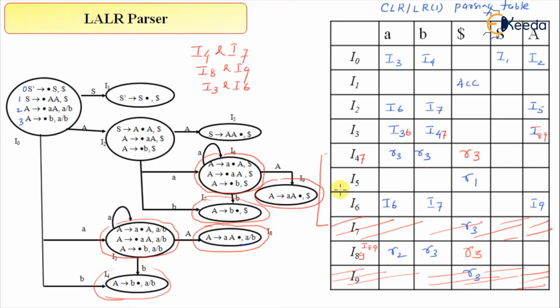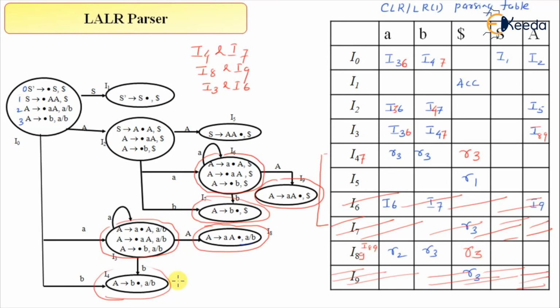Now we don't have the 6th state, and 3 is not alone; it is merged with 6, so it becomes 36. This becomes 47. This is the entire change that will happen, and the rows are collapsed into each other.